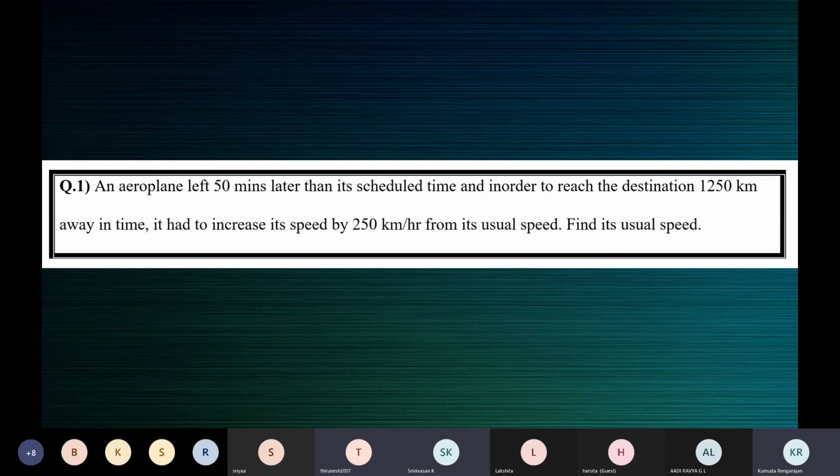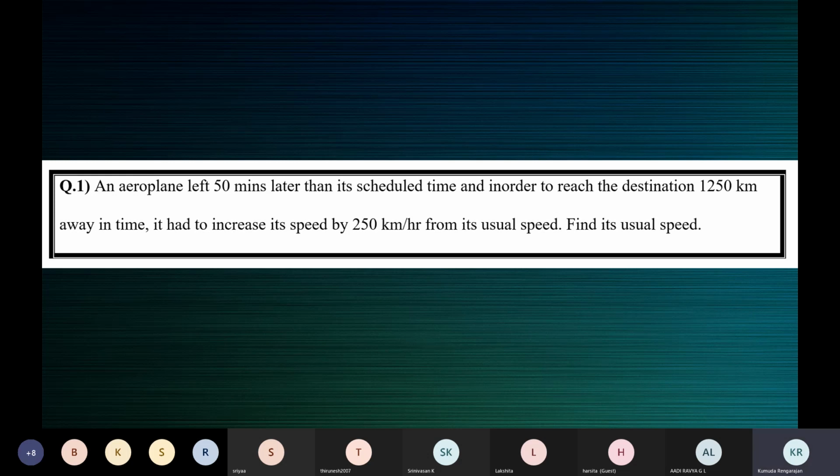Distance by speed, 1250 divided by x plus 250. Unit for time, hours. So now we have the usual time taken, at the usual speed, and the new time taken with the increased speed. Now we have two different times taken.